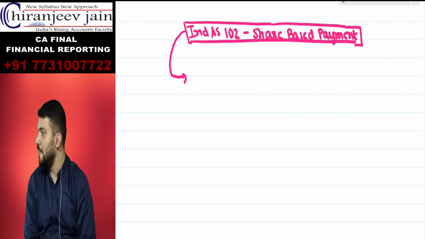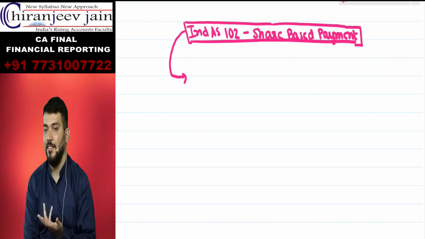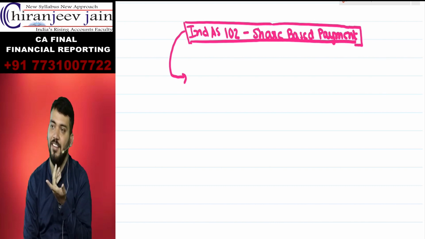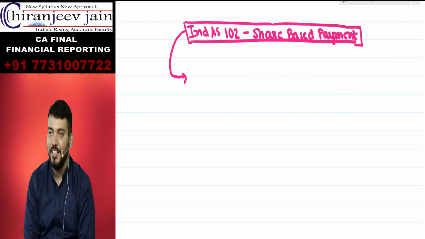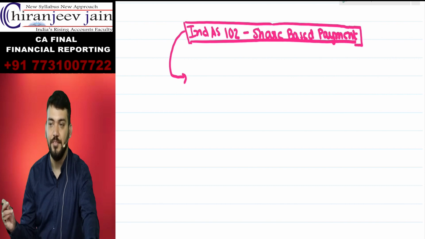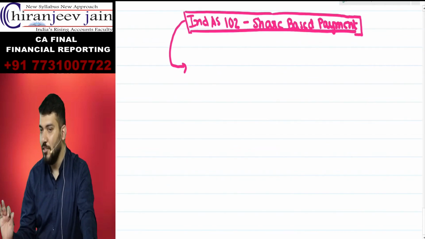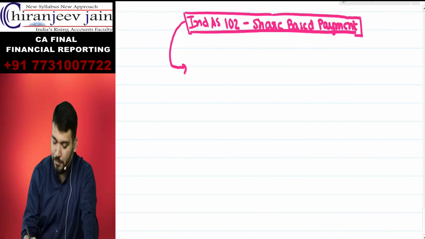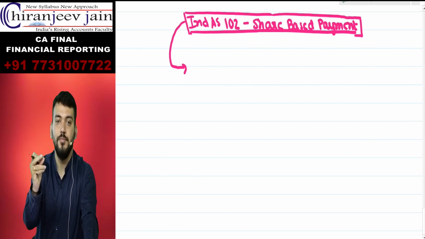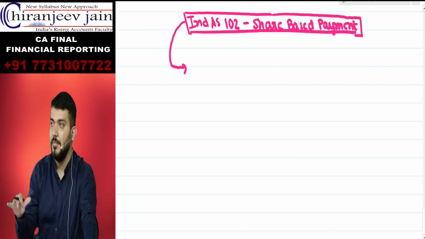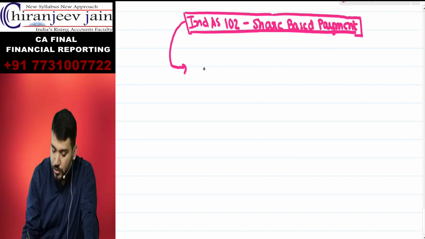AS 20 is earning per share. But in IPCC you have done ESOP as per which accounting standard? There is no accounting standard, but you have done it as per the guidance note.